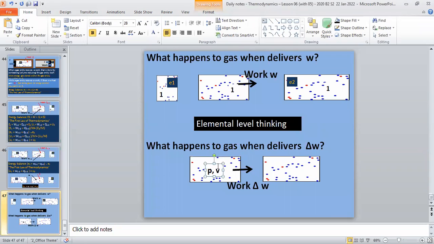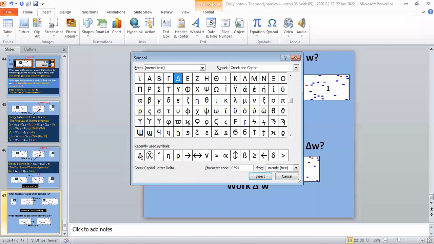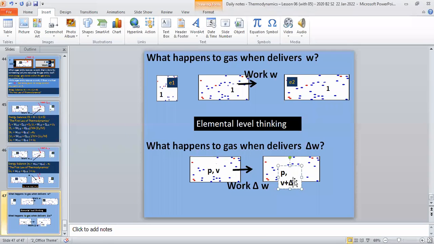So for this little W, how does this PV respond? P has not much change, but V has a little change. What change? V becomes a little increased, a tiny increase in V. We call it delta.